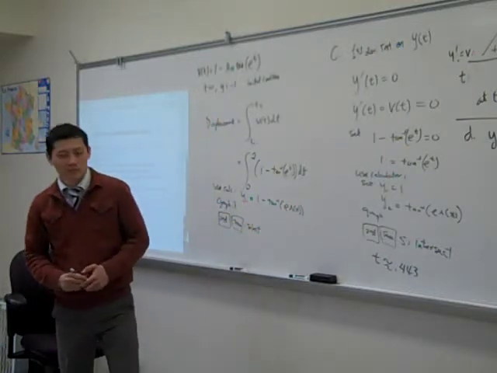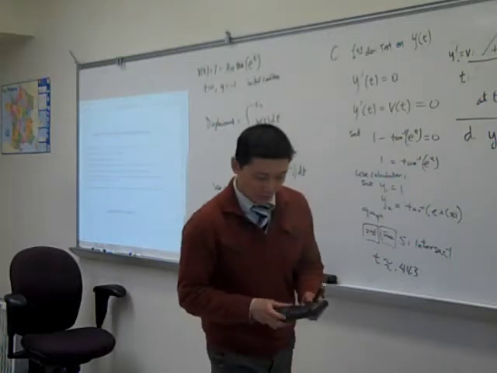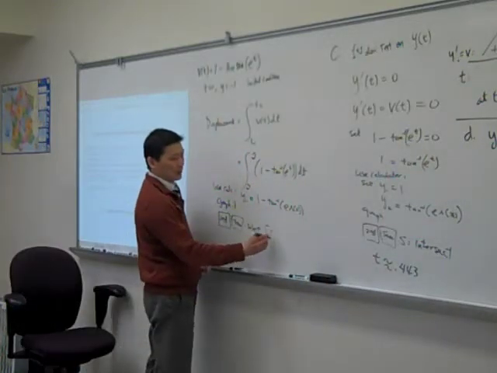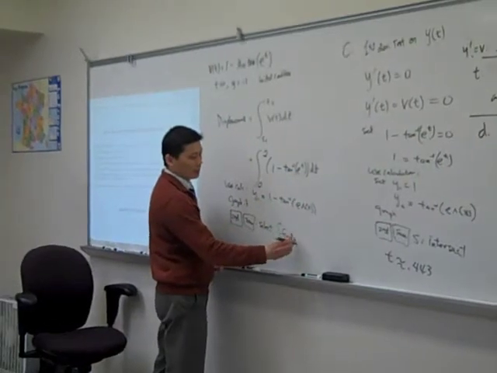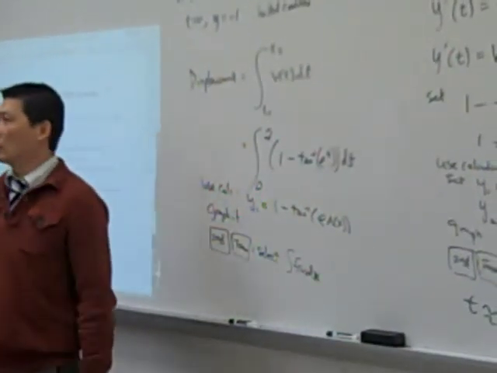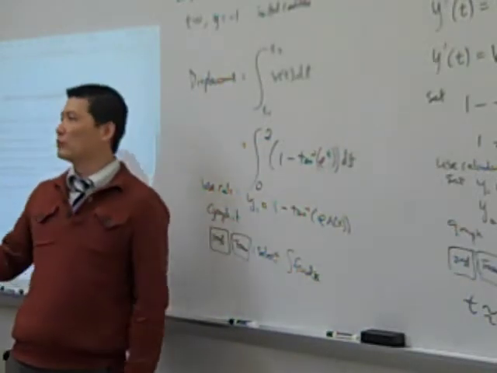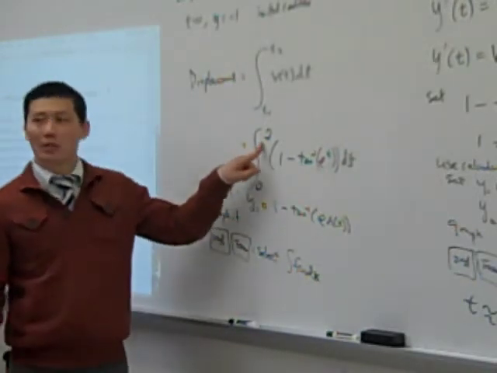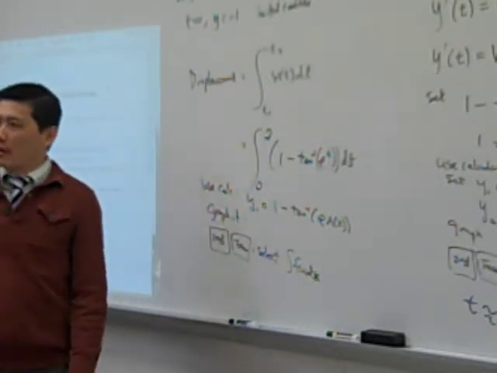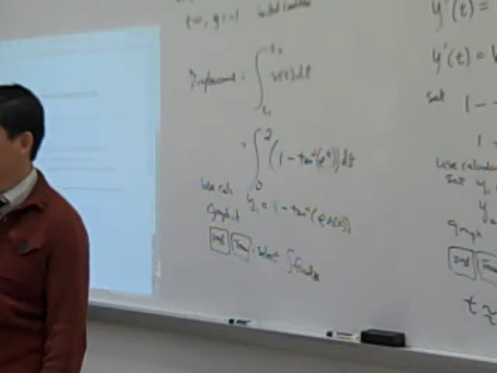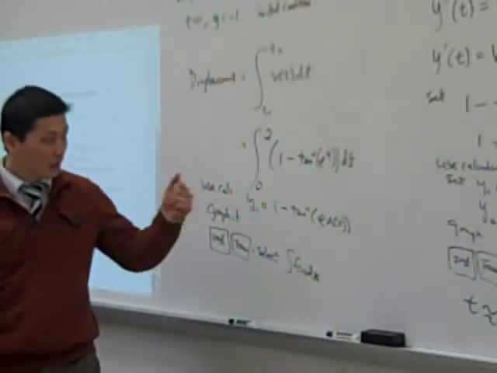Select what? Select integral, that's right, the integral of f of x dx. And it will ask you what the lower limit is. Lower limit is 0. It asks you for the upper limit, and you say it's 2, right? Press enter, and you get the integral. So that will be the answer.